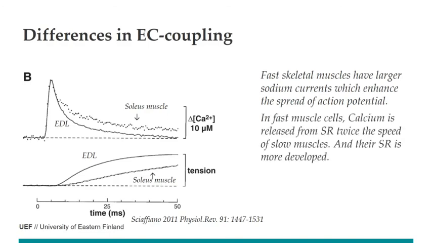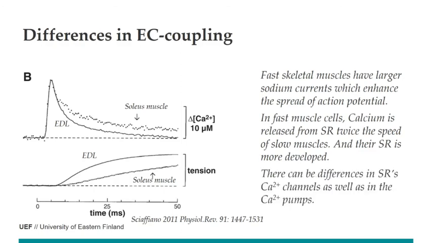But anyway, in these fast cells, the calcium is released 2 times faster. And their sarcoplasmic reticulum is also more developed. So that means that you can have the signal from the neuron faster to a high calcium concentration. And that causes the tension to also be produced faster.